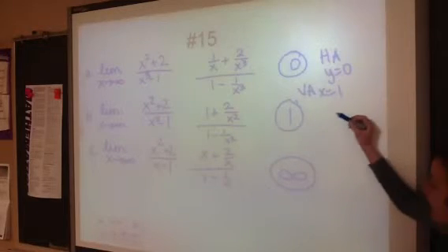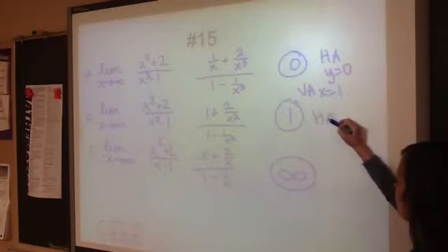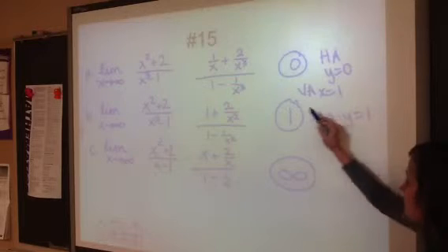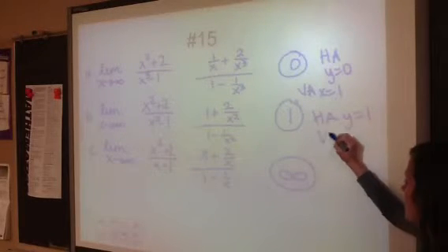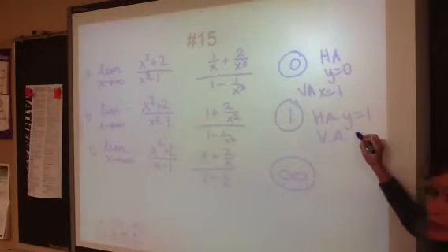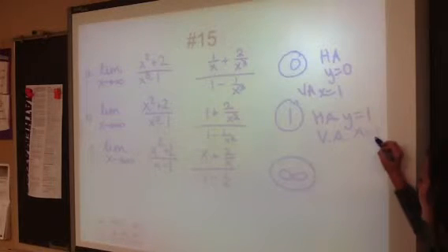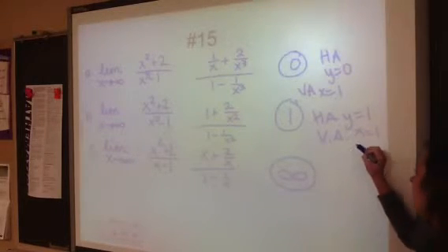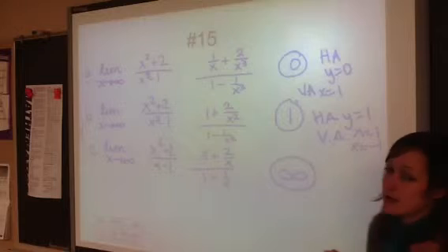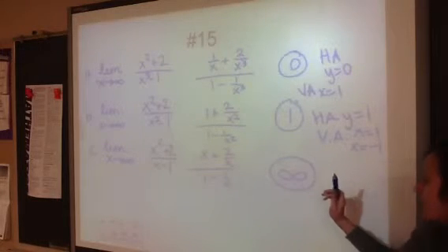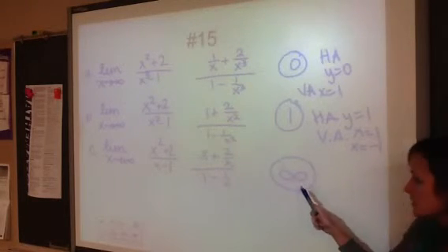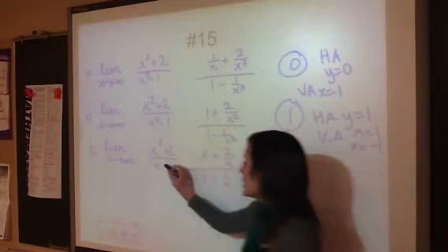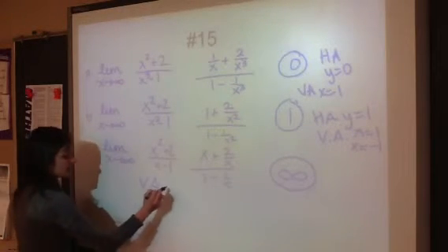For B, I would get a horizontal asymptote at y equals 1, because that's what I got for my limit, and I would say my vertical asymptote, some of you are going to screw this up, I would say x equals 1, that's all some of you are going to say, but then I would say x equals negative 1, so watch that. There is no horizontal asymptote because that's going to infinity. Our vertical asymptote is at x equals 1.